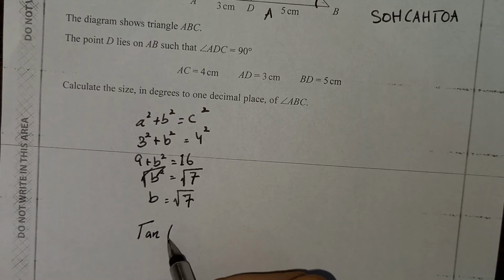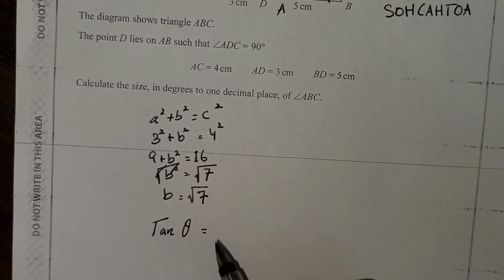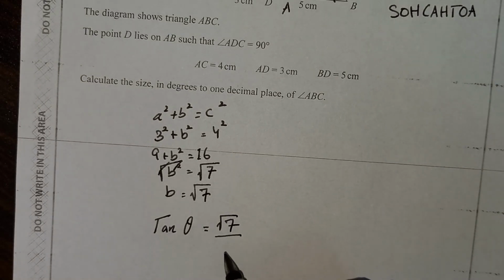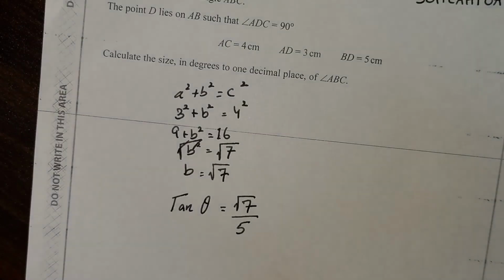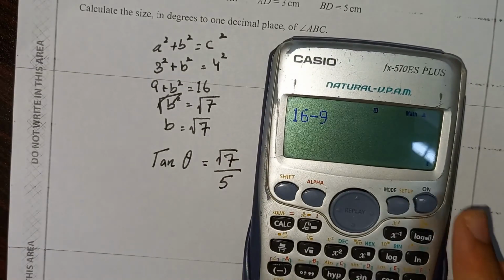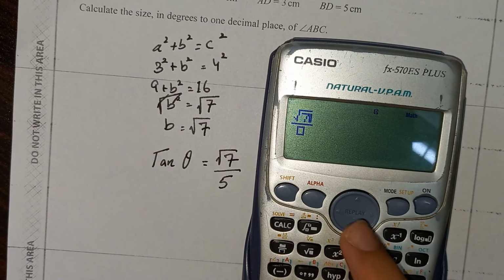So tan theta, because we don't have the value of the angle, equals opposite, which is under root 7, over adjacent, which is 5 centimeters. Now we will use our calculator. First put in the fraction and solve it.